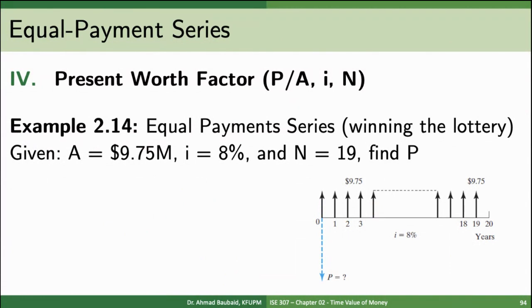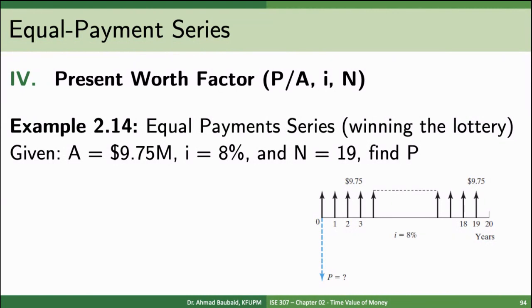Here's an example of a question like this. So winning the lottery, we saw this in the first example in this chapter. So suppose I want to find basically the equivalent of this lottery payment. So if I give you, starting today, notice here that we have an issue, right? We're starting today, so this is not quite standard form, so just be careful.